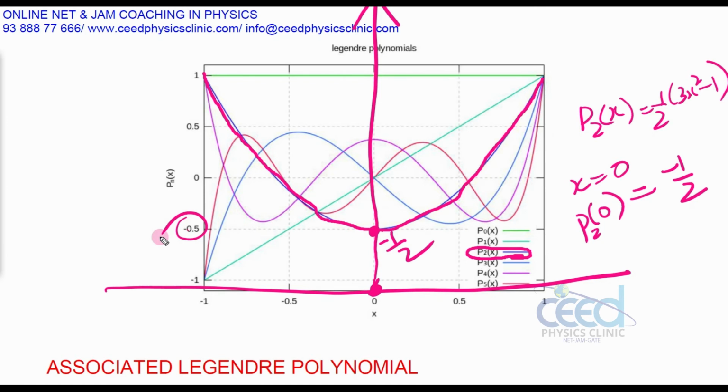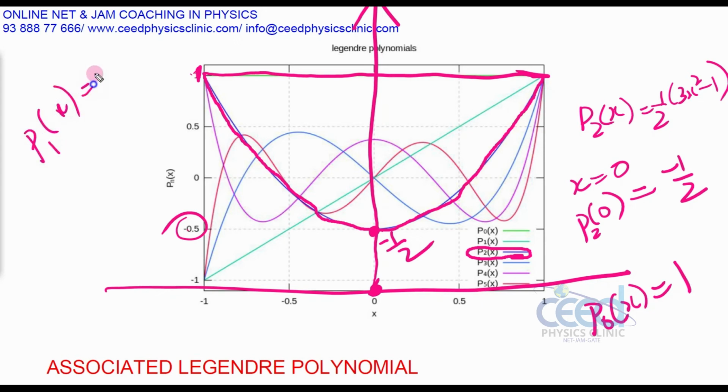Now what is P0 of x? We have studied that P0 of x is equal to 1. That is a straight line. You can see a straight line here at 1, which represents P0 of x is equal to 1, right. Now what is P1 of x? We have already seen that it is x. If you draw a graph, what is P1 of 0?